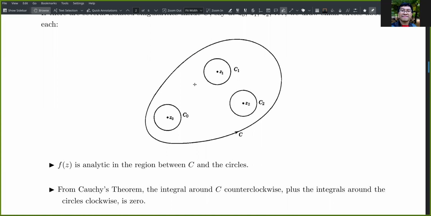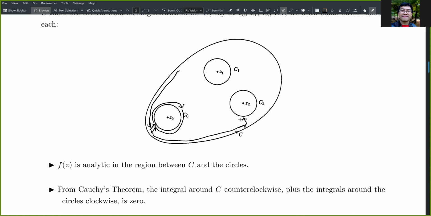What that means is, if we start our integration here, we go counterclockwise, but then here we make a cut and go around clockwise around this z0. Then we return to C and run counterclockwise.